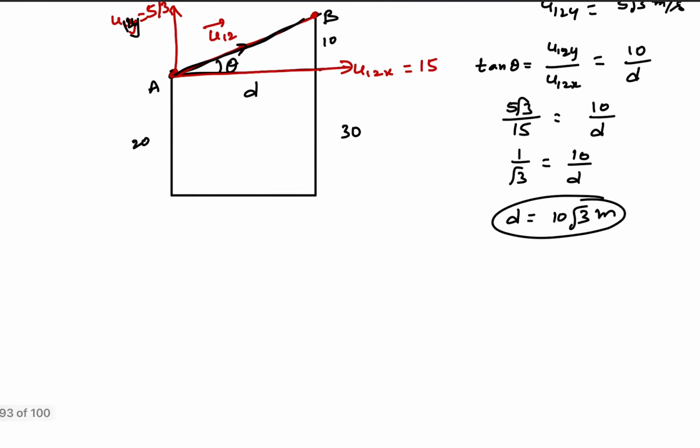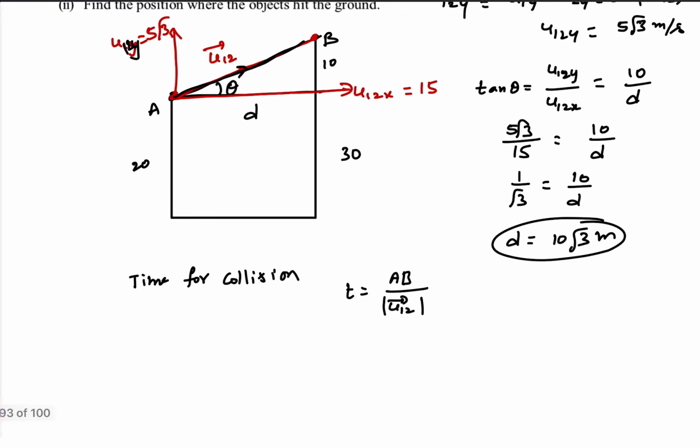Similarly, they are asking, if they collide, at what time are they colliding? Time for collision. To calculate the time for collision, you have to write the AB value divided by the u12 magnitude. What is the AB value?